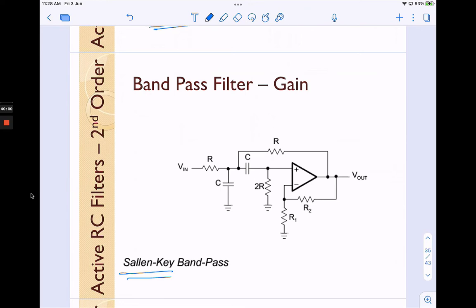Now we have this kind of configuration: we connect only the capacitor to the ground, and then we have another portion here where we have a resistor that is connected to the ground. Any questions?